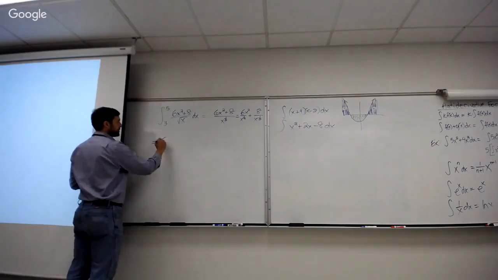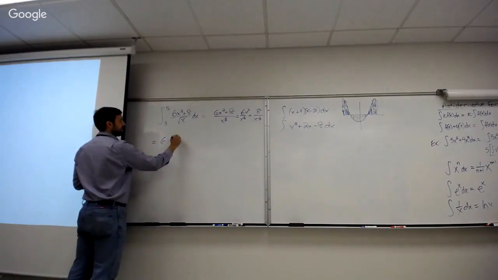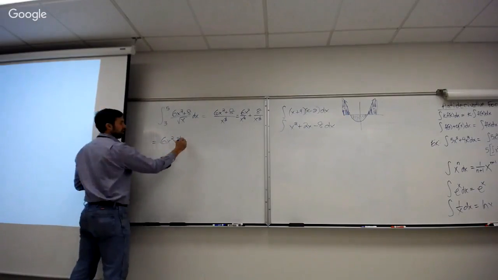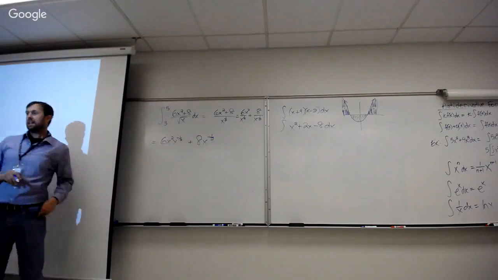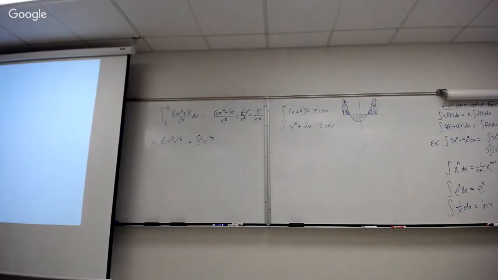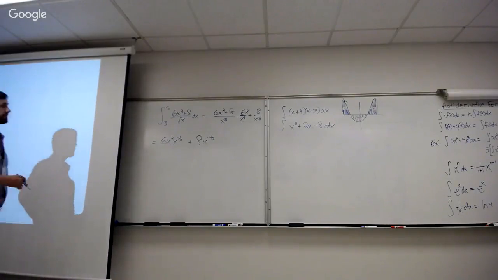Yeah, so that first one would be 6x squared x to the negative 1/2. And then the next one would be 8x to the negative 1/2. Folks, this is a lot of manipulation. Consider, we're doing all this work just to manipulate the expression into a form that we can actually use. We haven't even done the integral yet.